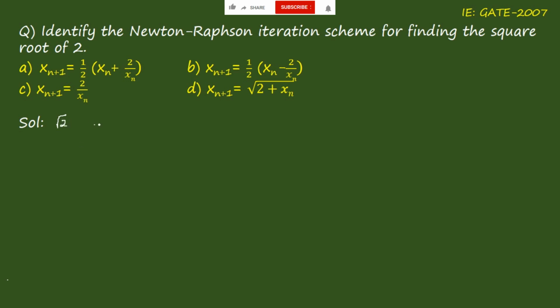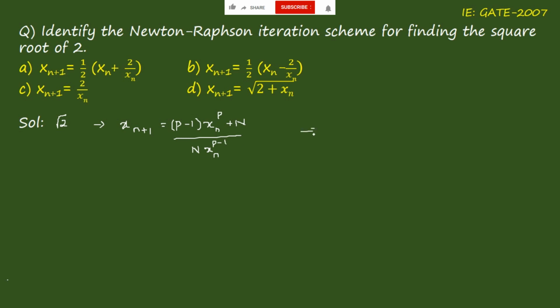The general formula that we know for the Newton-Raphson pth root is x of n plus 1 is equal to ((p minus 1) x of n power p plus N) by (p into x of n power p minus 1), right?